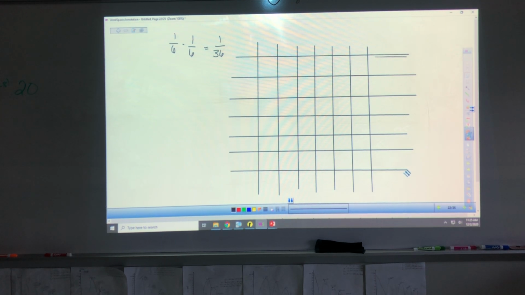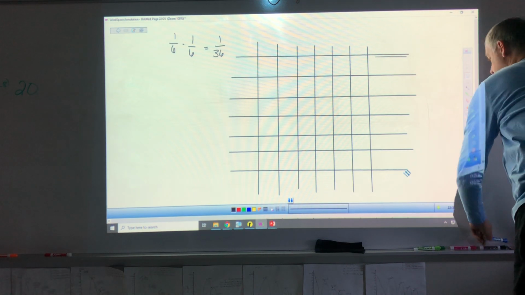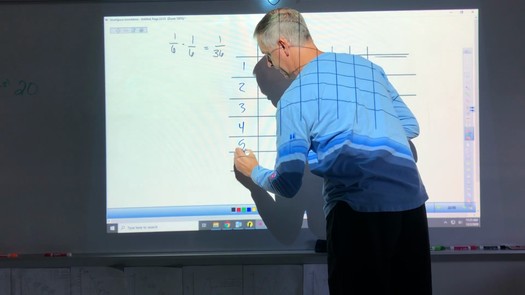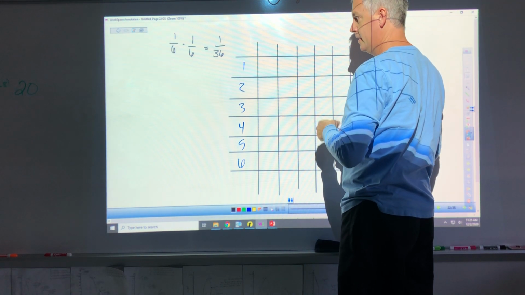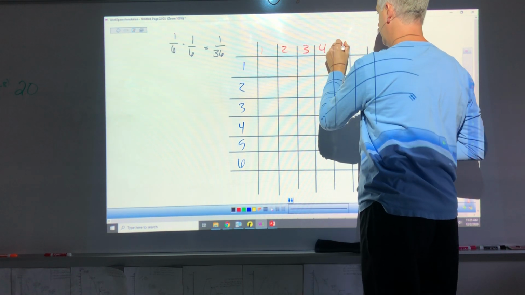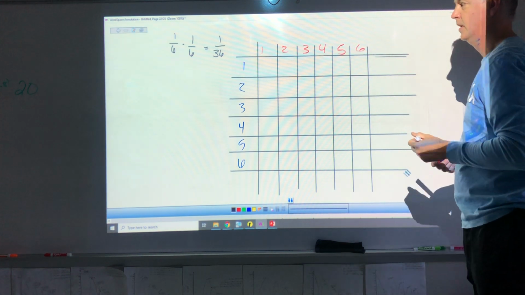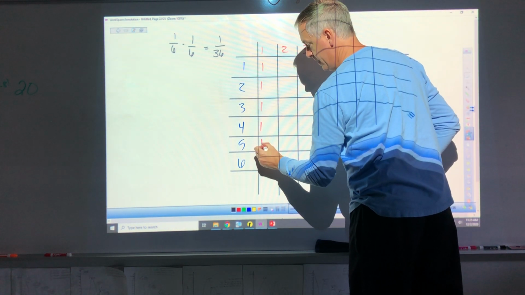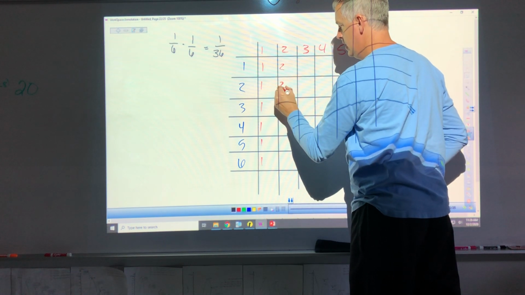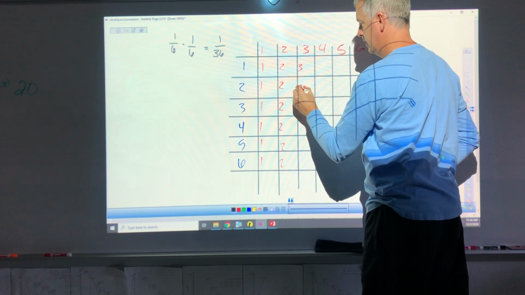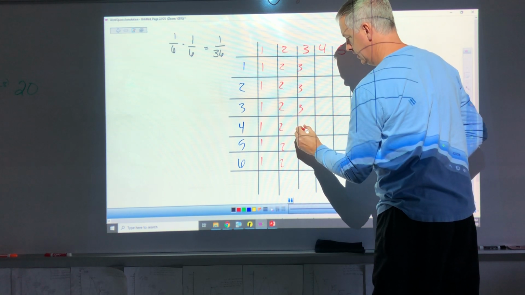Okay, so I'm going to do 2 different colors here. 1, 2, 3, 4, 5, 6. That's one color die. The other color die, 1, 2, 3, 4, 5, 6. So I'm going to come here and I'm going to put every number vertically in place.